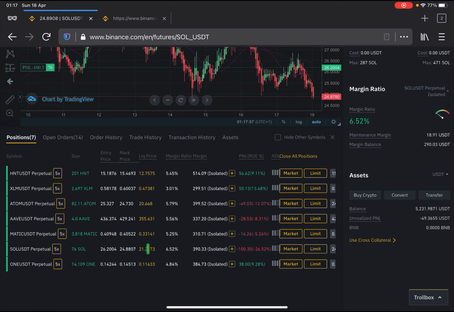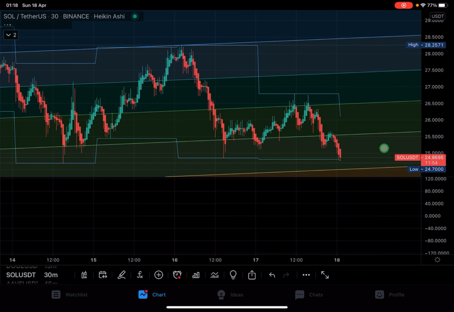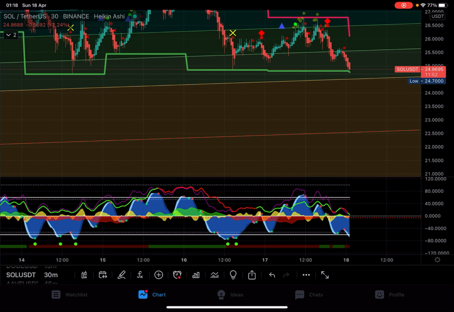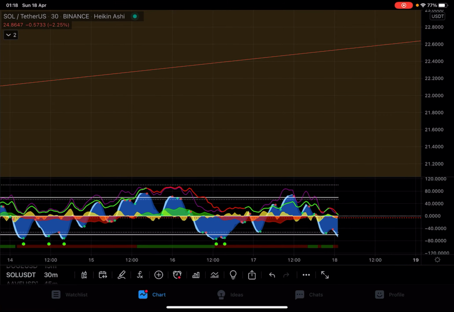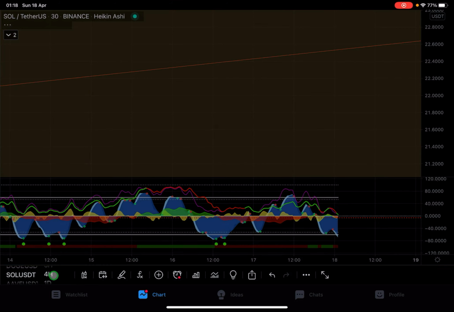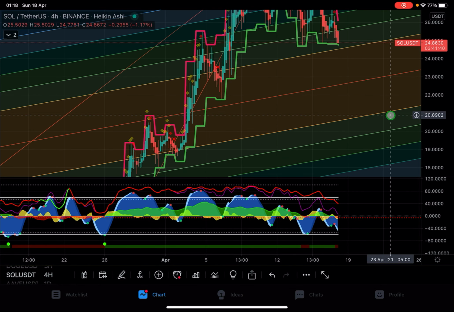Liquidation price is the price at which, if the market gets to 21.2, if Solana gets down to around here, right here, I'll be liquidated.